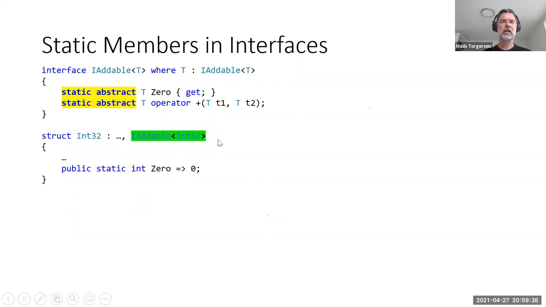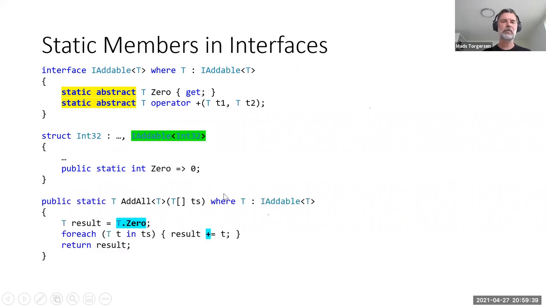So we implement the IAddable interface on System.Int32. The plus is probably already there because the language provides it, and then you just have to provide an implementation for the Zero. Now I can write a generic algorithm over T, where T is constrained by this interface.